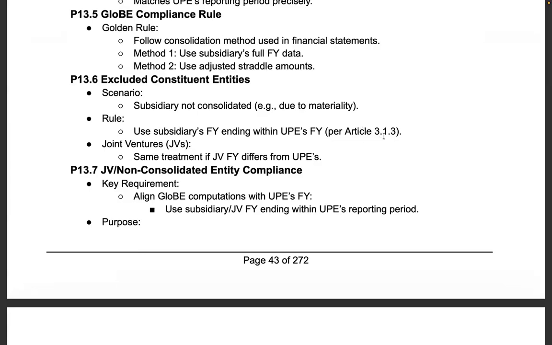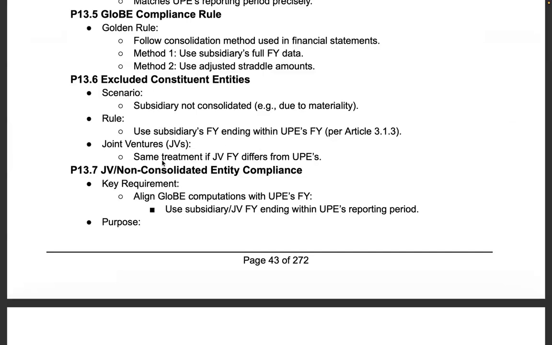This article we are going to probably read later in article 3; this is article 1.1 going on. So the rule was to use the subsidiary's financial year ending within the UPE's financial year. That was for the excluded entities.